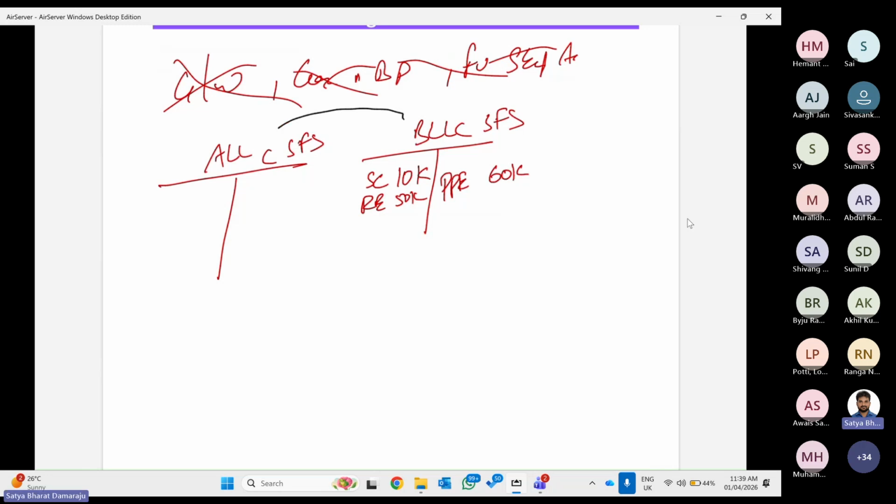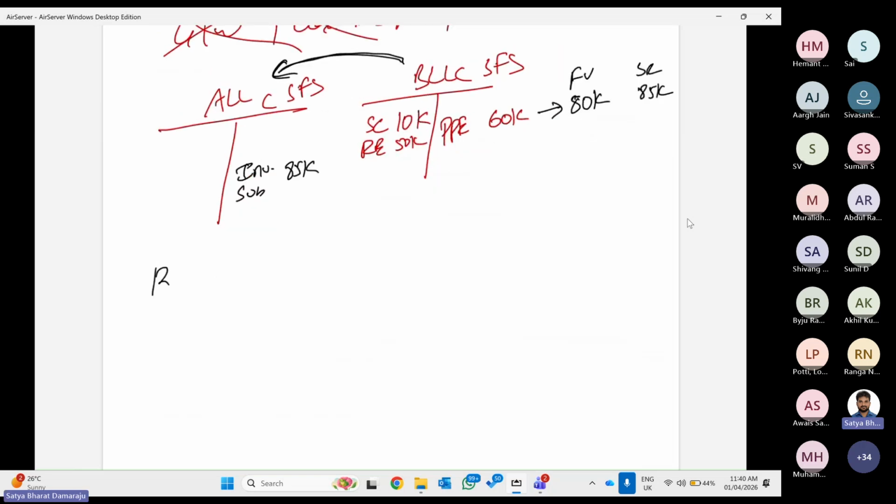ALLC wants to take over BLLC. When it inquired, the fair value for this asset is say 80,000. But BLLC's owners are asking for a sale consideration of 85,000. ALLC agreed, and says okay fine, I'm willing to purchase this, investment in subsidiary 85,000. It paid 85,000 and acquired the BLLC shares. Because of this, there is a business combination happening.